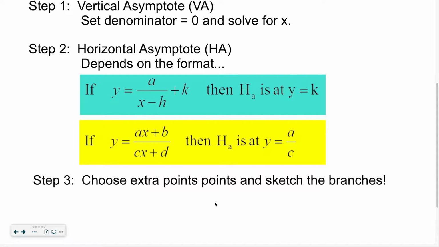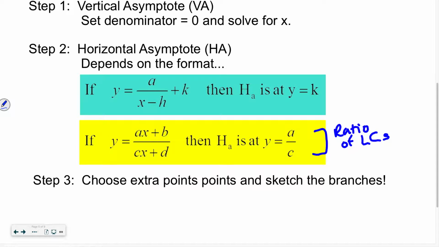The yellow box is how you'll find your horizontal asymptote if you have the form ABCD. If you have the form ABCD, then we say that the horizontal asymptote is at y equals A over C. Now when I say A over C, these are the ratio of the leading coefficients, the LCs.